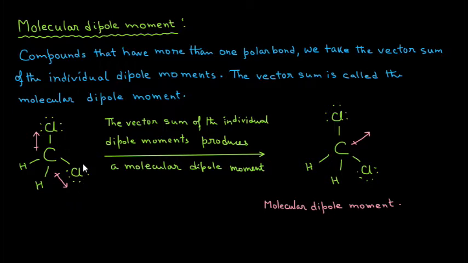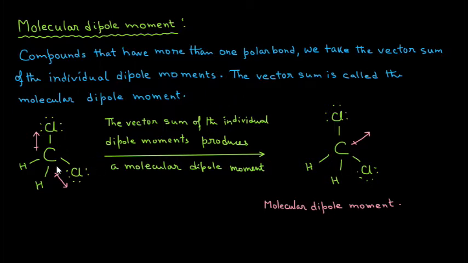So again, let us come to the basic question, what is molecular dipole moment. Compounds that have more than one polar bond. So here we have two polar bonds in dichloromethane. We take the vector sum of the individual dipole moments. The vector sum is called the molecular dipole moment.